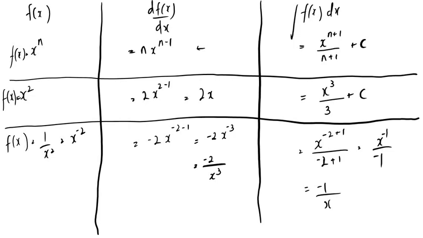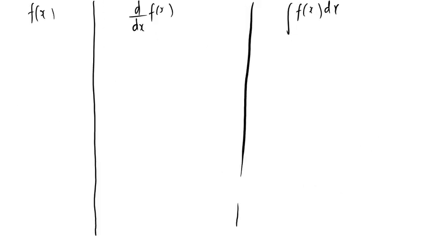Let's look at some other examples. Let's look at the function f(x) equals x to the power half. Now n is equal to half, so when you're differentiating it, you multiply by the power and subtract 1. So half minus 1 is minus half.